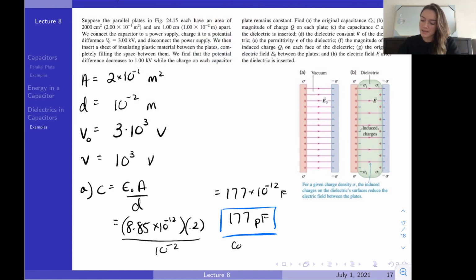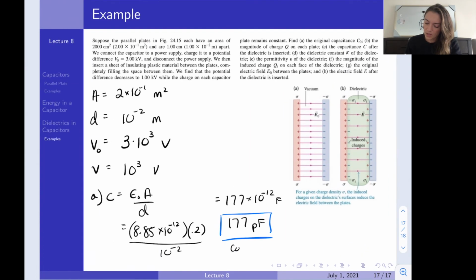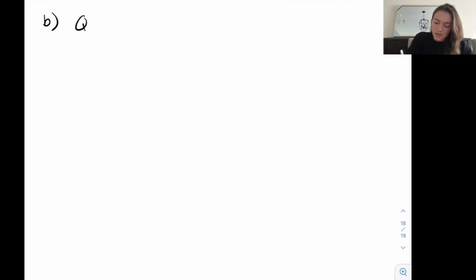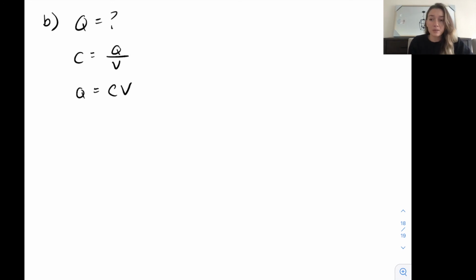Now we want to find the magnitude of the charge on each plate. To do that, we can just use the equation that the capacitance is Q over V, and we can see that Q is given by C times V. We just found the capacitance and we were given the original voltage. So this will be the original capacitance and original voltage.